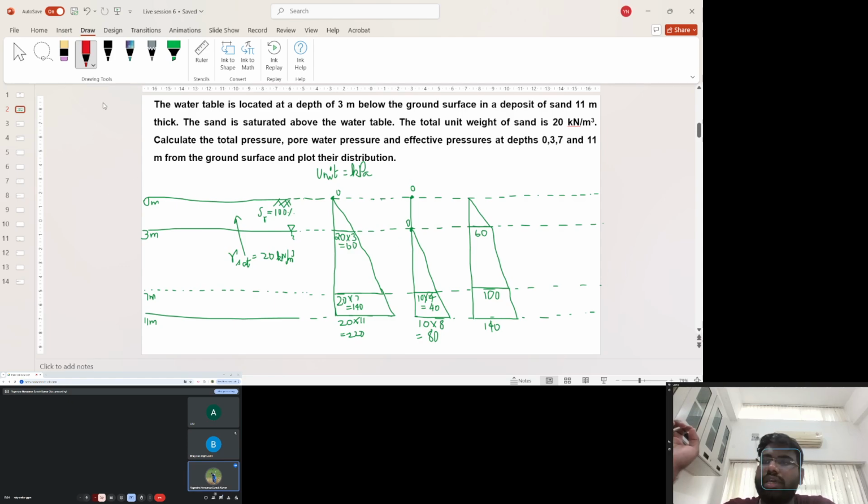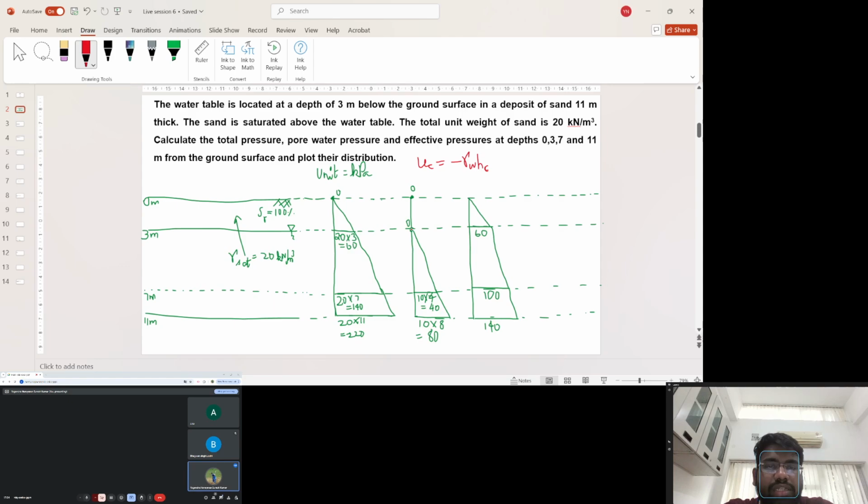So if we consider capillary rise in this itself, the pore pressure due to capillary rise is UC, let it be UC is equal to minus gamma W into Hc. Since it is entirely saturated, it denotes that the height of capillary rise is till the ground level, right?